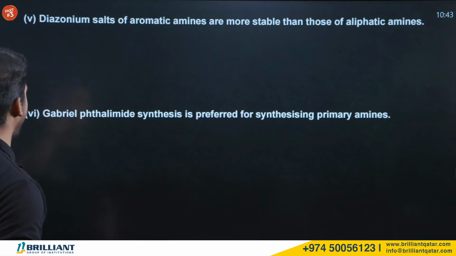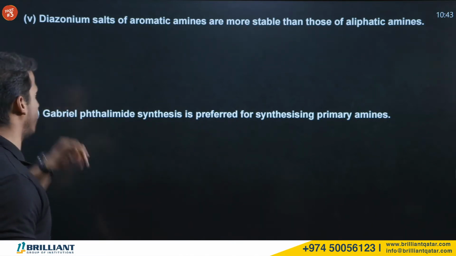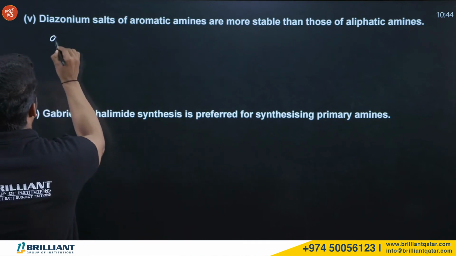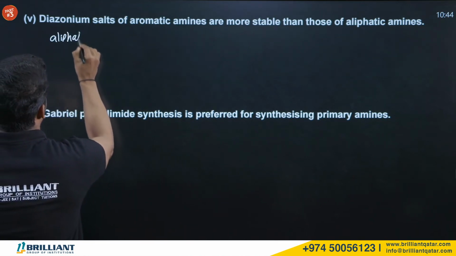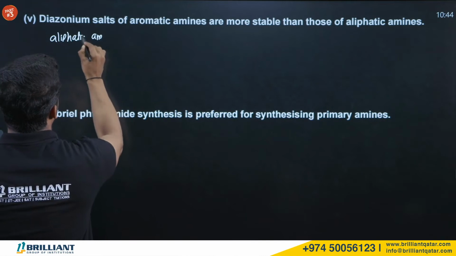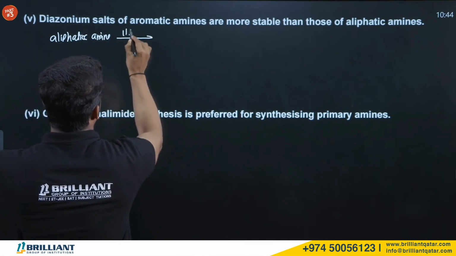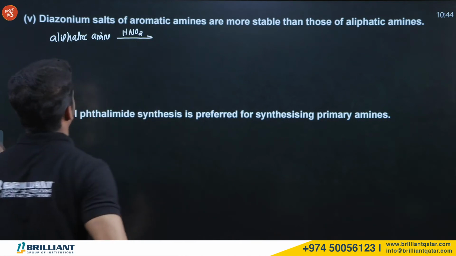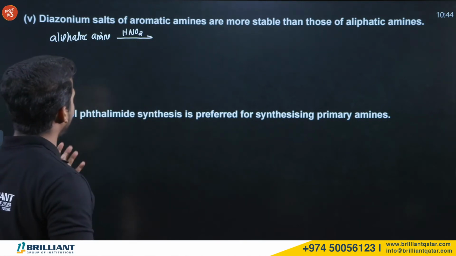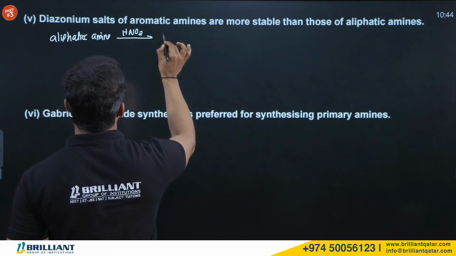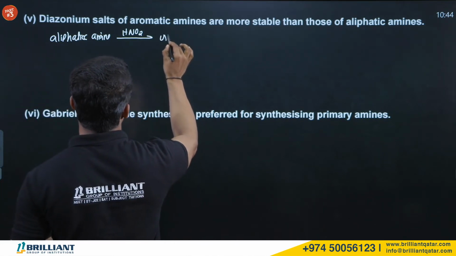Diazonium salts of aromatic amines are more stable than those of aliphatic amines. As I told you, when an aliphatic amine is treated with nitrous acid, nitrous acid means HNO2, right? When an aliphatic amine is treated with nitrous acid, it will give you the diazonium salt, and I told you that is unstable.